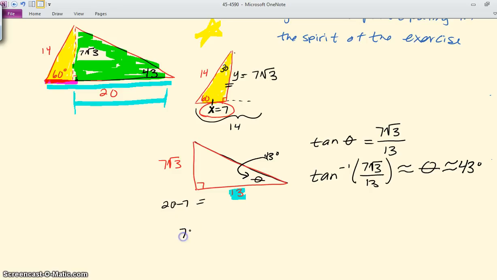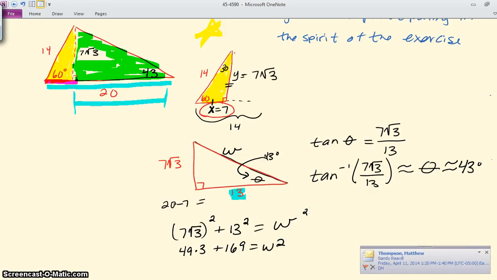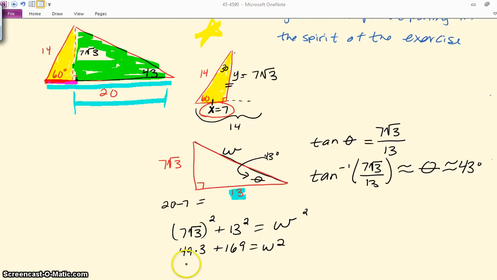It's still a right triangle, so I'm going to find the hypotenuse using the Pythagorean theorem, and we can check it using the sine of 43 just to be sure. 49 times 3 plus 13 squared equals W squared.